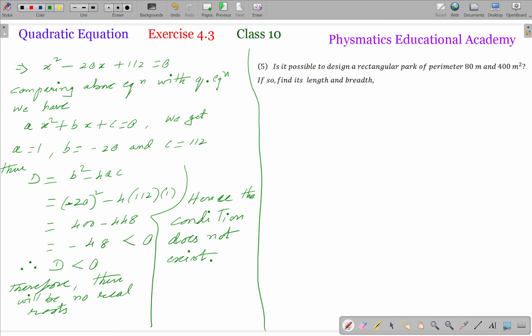Now question number 5 under exercise 4.3. Is it possible to design a rectangular park of perimeter 80 meters and area 400 meters square? If so, find its length and breadth. Now solution.